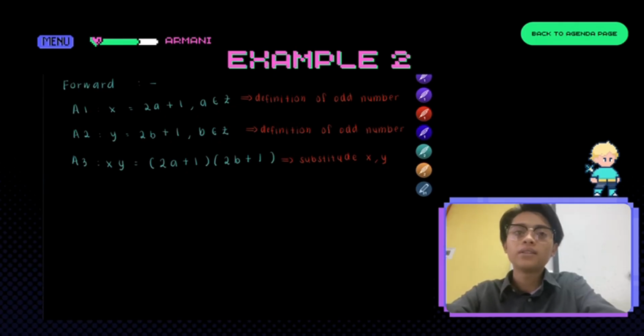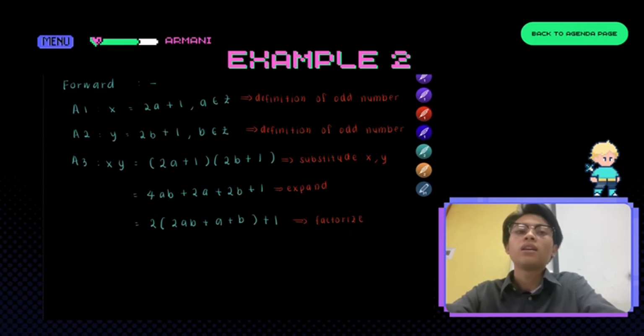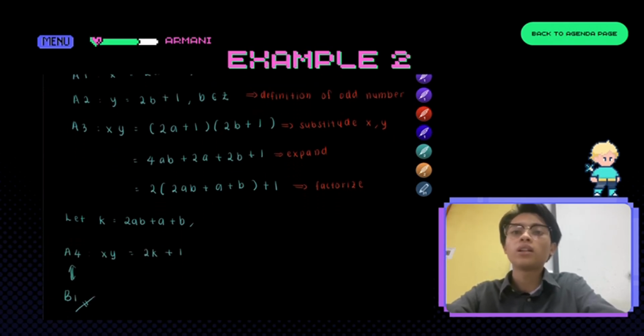We expand and factorize and get 2(2ab plus a plus b) plus 1. Now we let k equal 2ab plus a plus b, and we get xy equals 2k plus 1. And now we can see A4 is logically equivalent to B1.